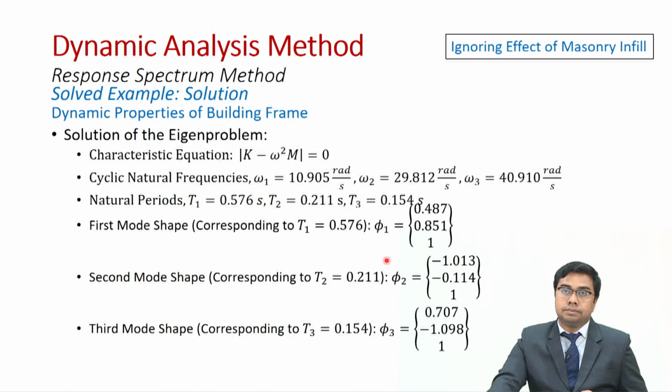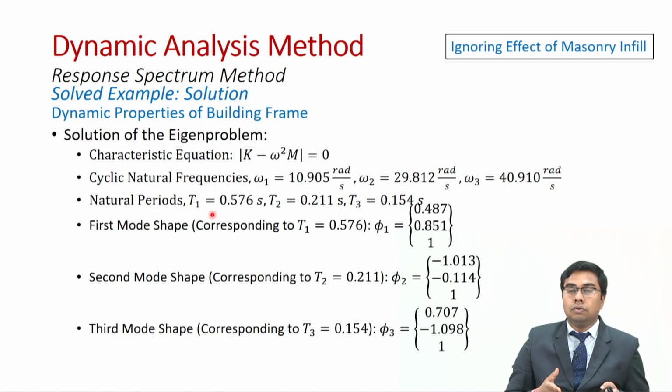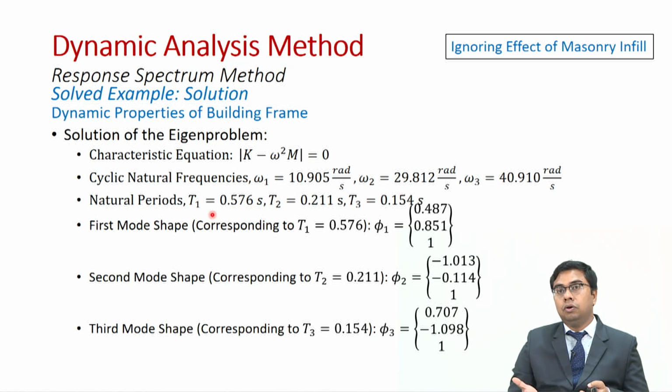Now, at this point I would like to mention how you define which is T1 and which is T2. The fundamental mode is represented by the lowest cyclic natural frequency and the highest value of natural period.